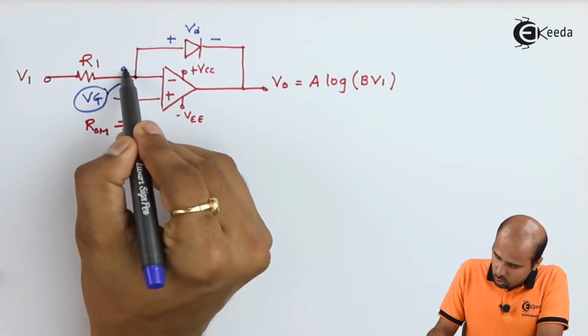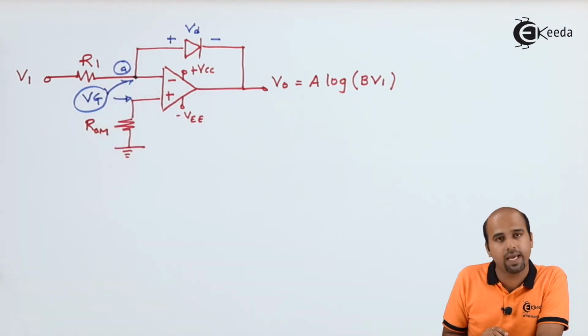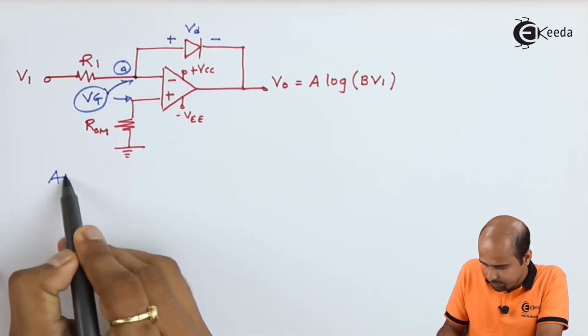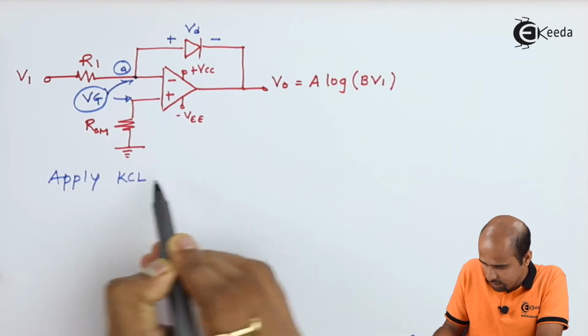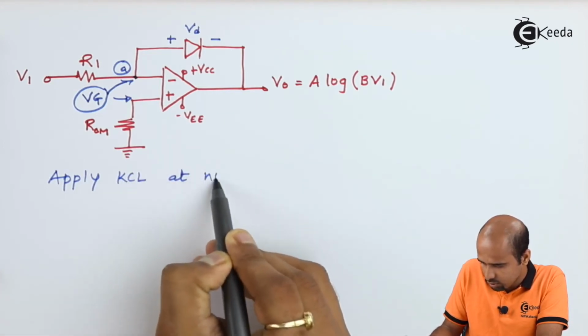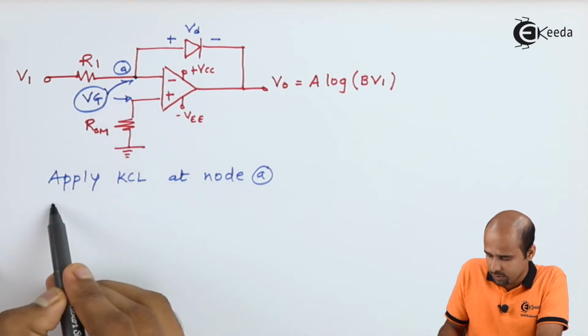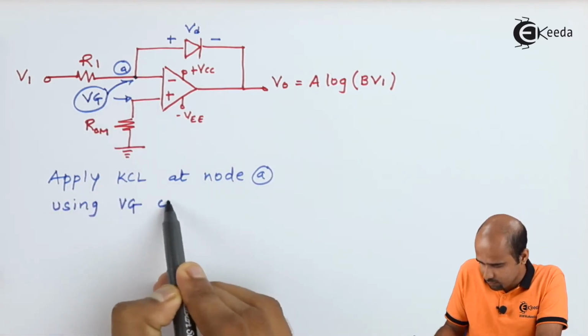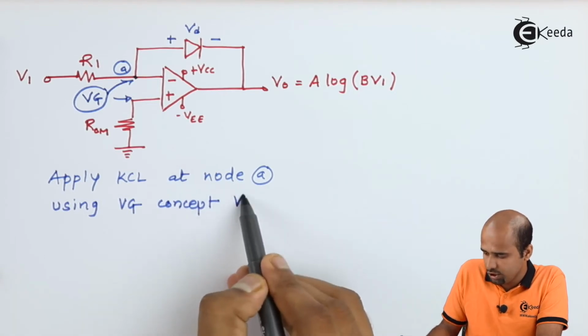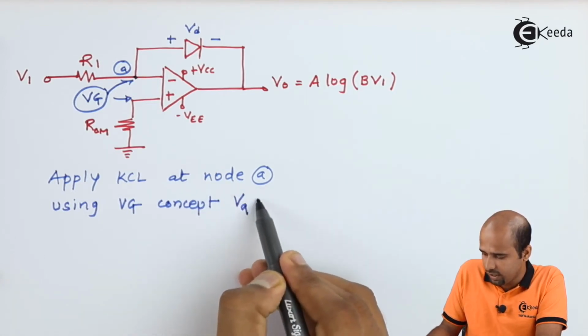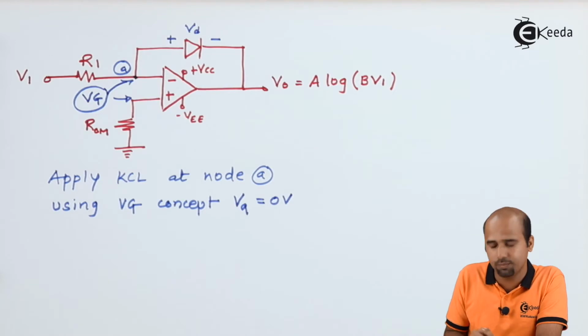Consider that this node is node number A. We will apply KCL at node A. Using the virtual ground concept, initially we consider that VA is equal to 0 volt.